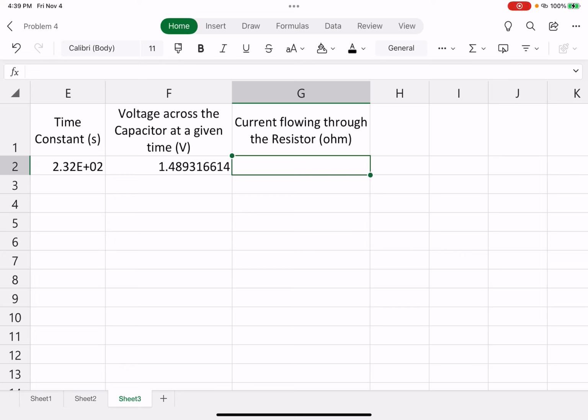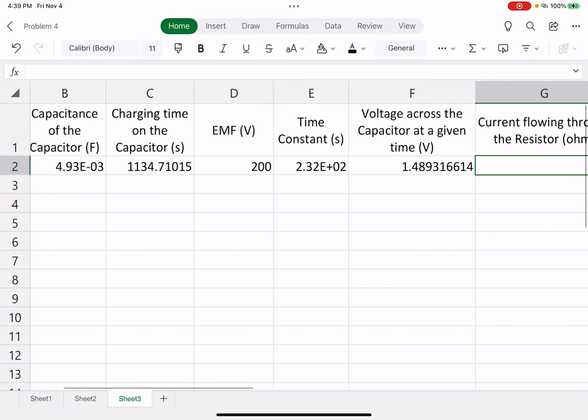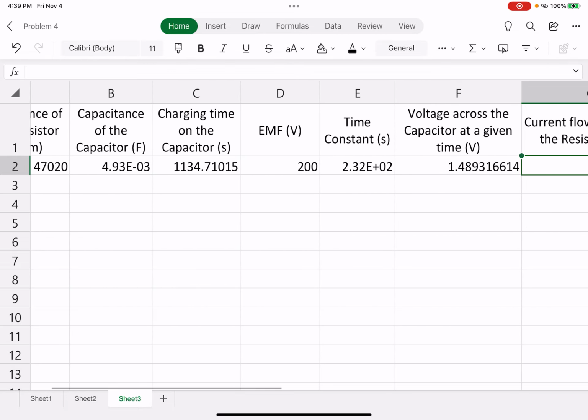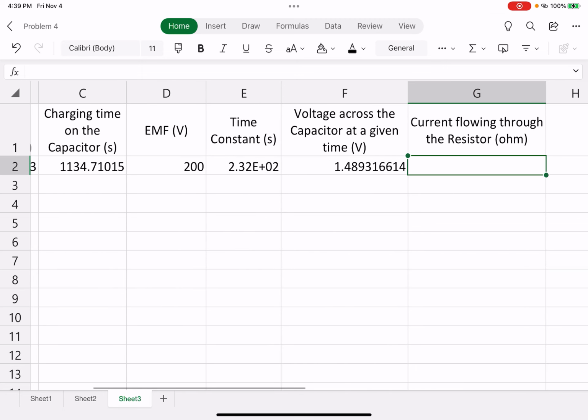So we know the voltage, and we know the resistance. That should give us our current. So the voltage across the capacitor at a given time over the resistance.